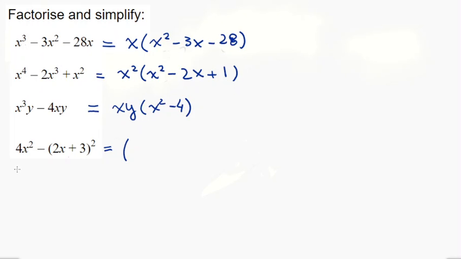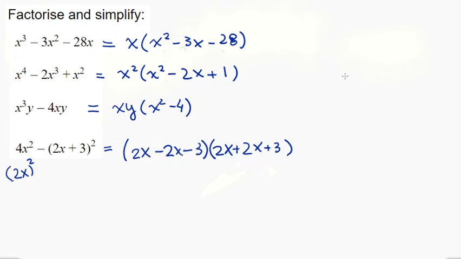So 2x, this is 2x squared, right? This first term. So I can collect 2x minus 2x plus 3. This will be negative, multiplied by 2x plus 2x plus 3.